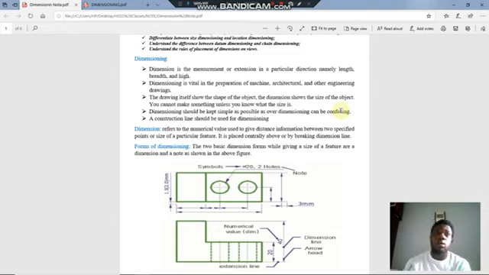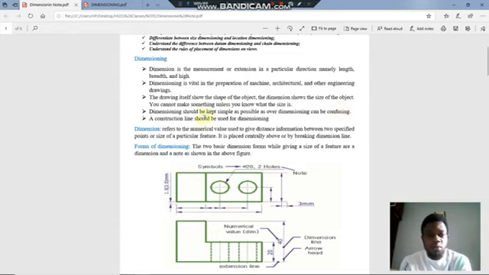Dimension makes production possible, like we did in development. If you don't know the size of a cube, can you produce it? No. So it is very important we know sizes of objects before we can produce them.